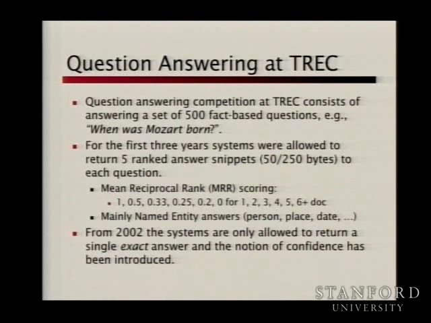If your second ranked snippet had the right answer, you got a half a point, and similarly with reciprocals down to 5. If you're below 5, you just got 0. And then from 2002 onwards, they dropped that and just went to exact answer. So your job was just to return the exact answer, and you got points if you got the exact answer right, and you didn't get points if you didn't.